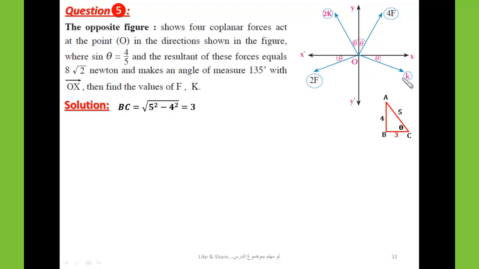The last force is of magnitude K, and the angle between its line of action and the positive direction of the x-axis is 360 minus theta. And we resolve each force into two perpendicular directions.